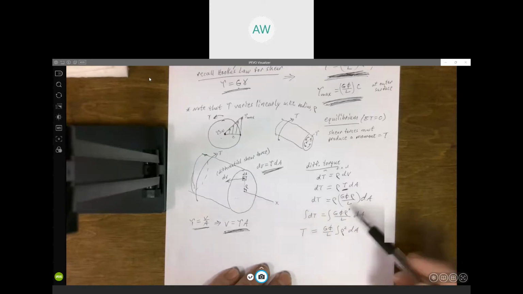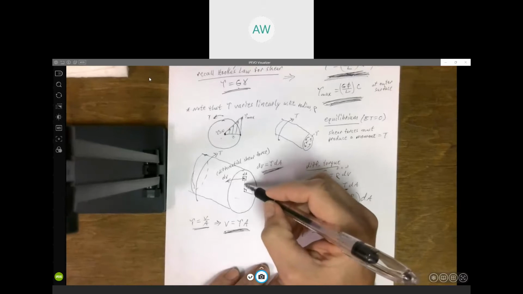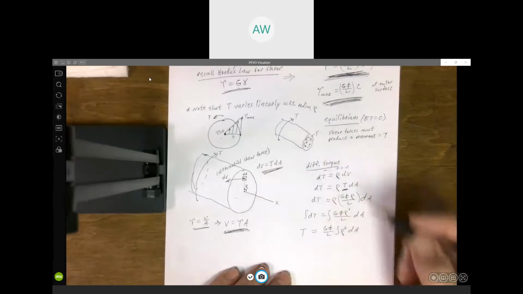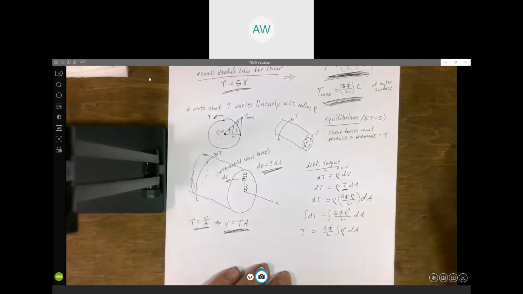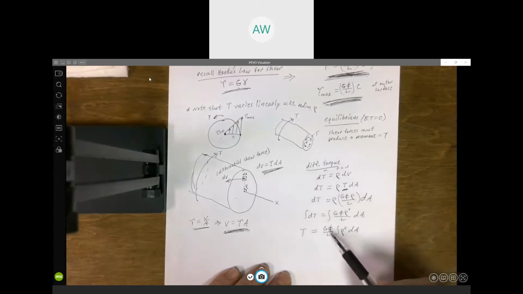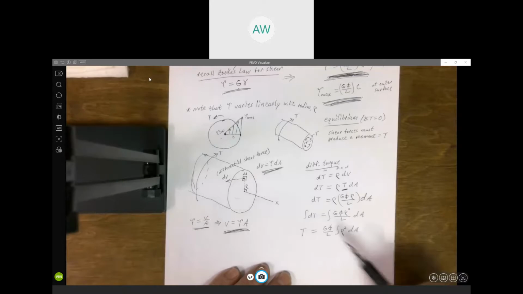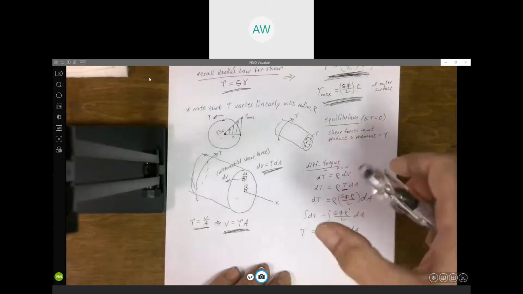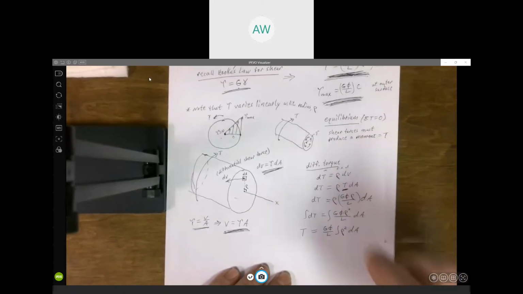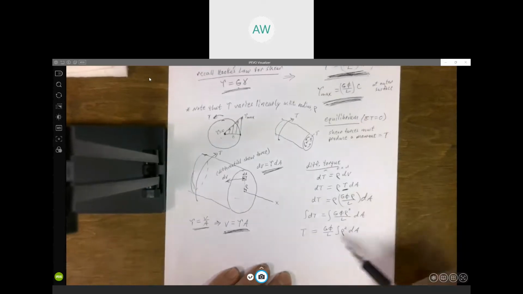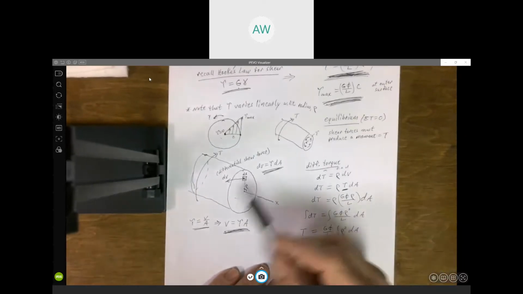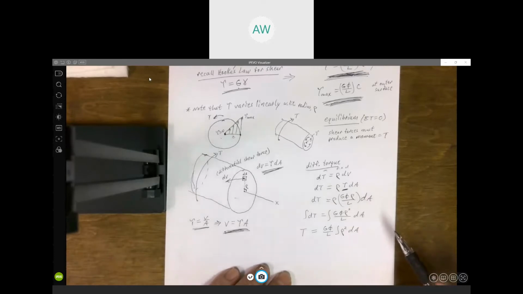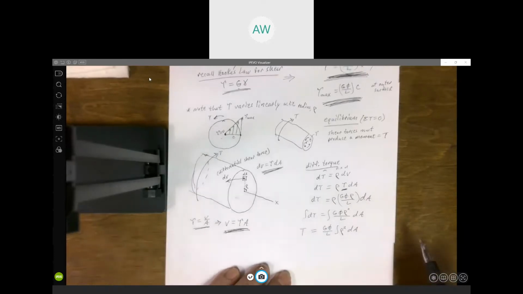The only thing that varies is rho. Obviously, the radius changes if we go closer to the center or further from the center. But G is the material property, the modulus of rigidity. Phi is the angle that the cross-section rotates when that torque is applied. L is the length of the shaft. Those are constant with respect to where we're at on that cross-sectional area, so we can factor those out.